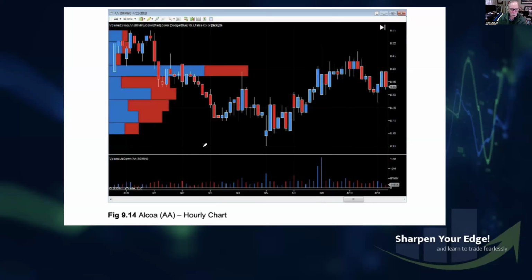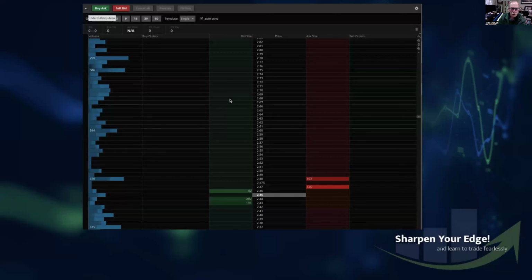But what's interesting in TOS is the active trader, which actually does show us volume at very specific prices, which I think can be useful. The only thing is relating it to a chart.